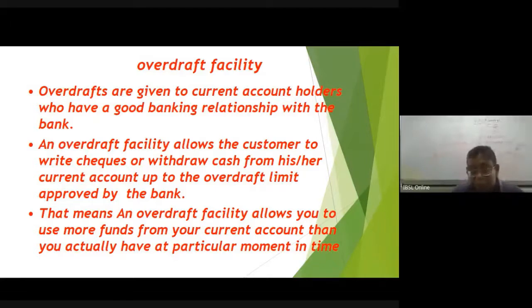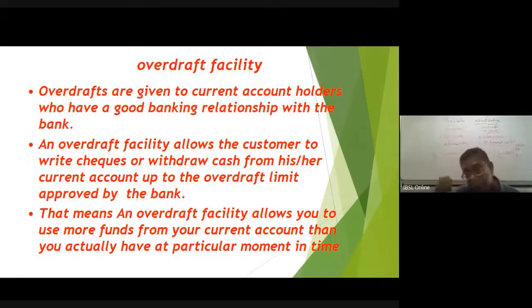Or you can take cash from the current account using your card. So you need 110,000, but you have 100,000. That is the facility. So an overdraft facility means you can take more than your current account balance at any given point of time. Then I'll come to the second point.